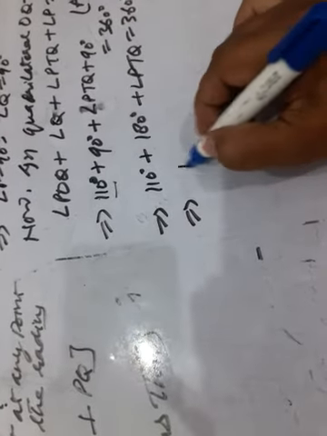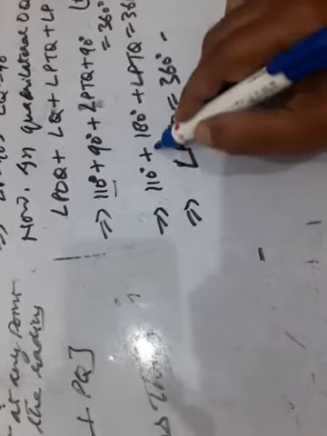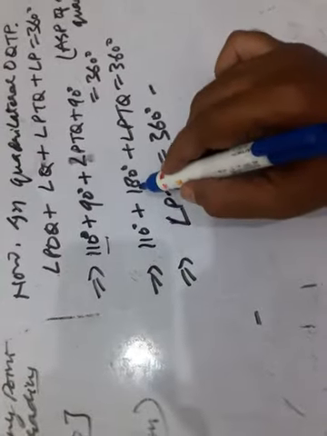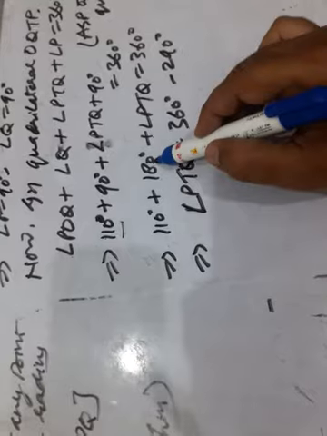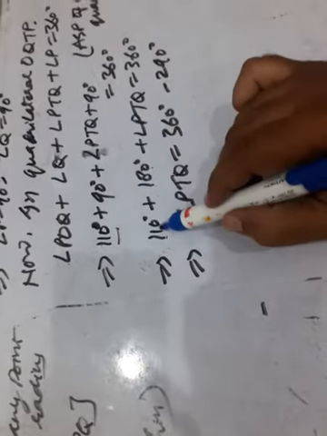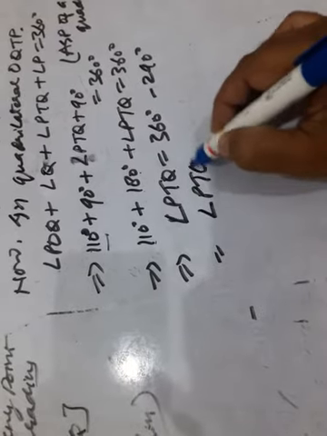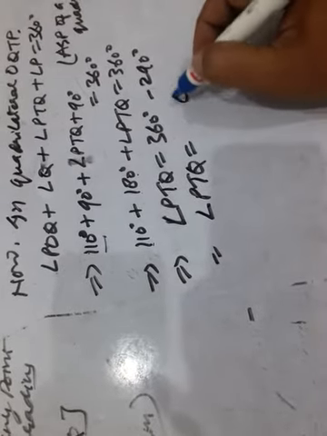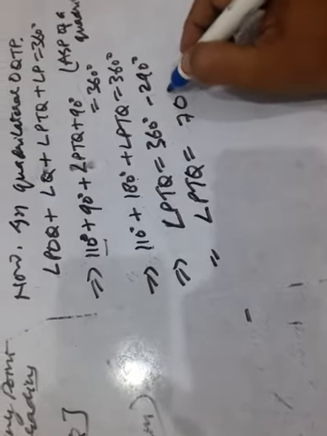This implies that angle PTQ equal to 360 degree minus the sum of this, that will be 290 degree. Look here, children, 180 plus 110 is 290 degree. 360 minus 290 equal to 70 degree.